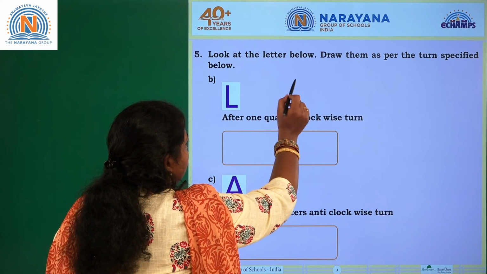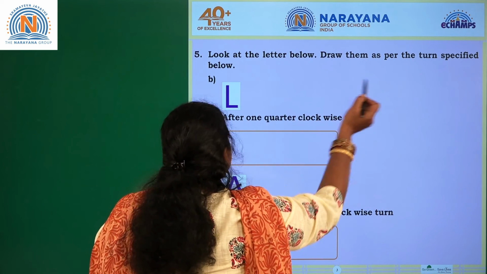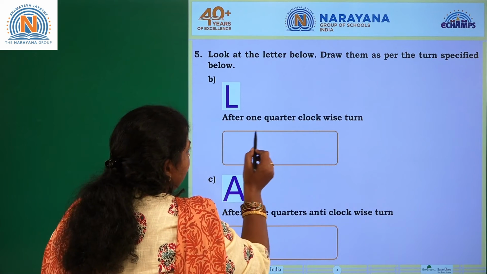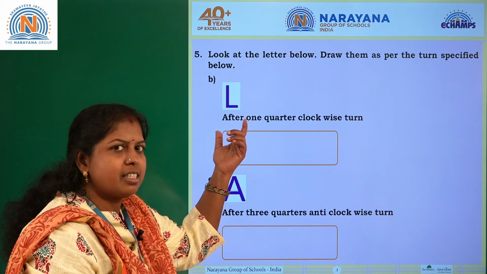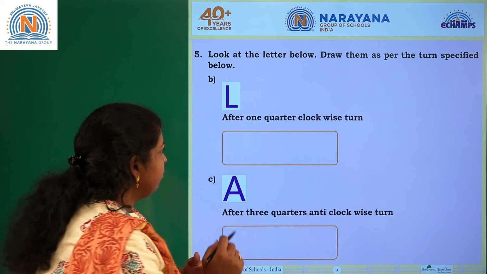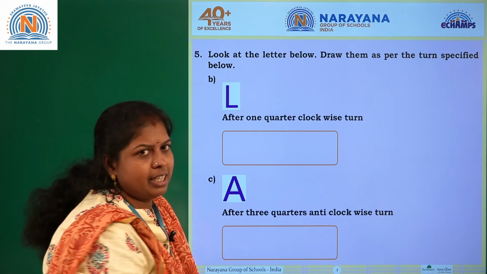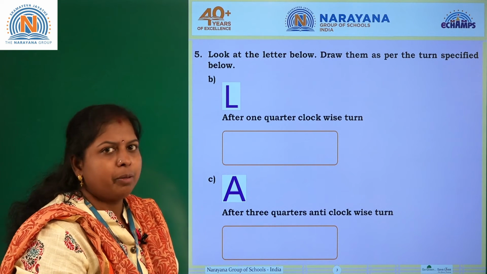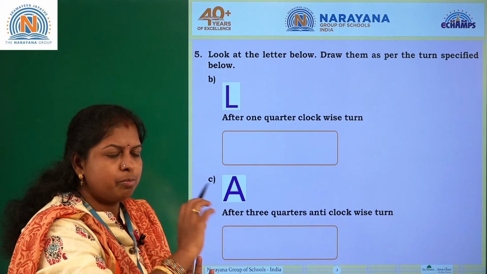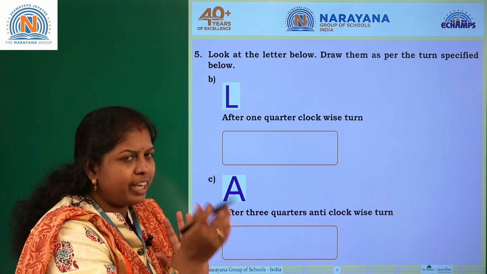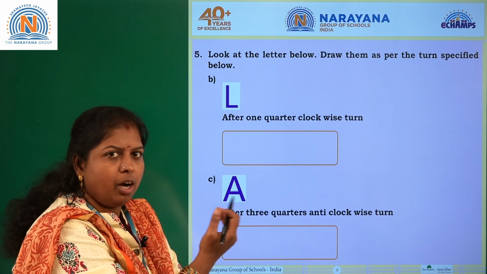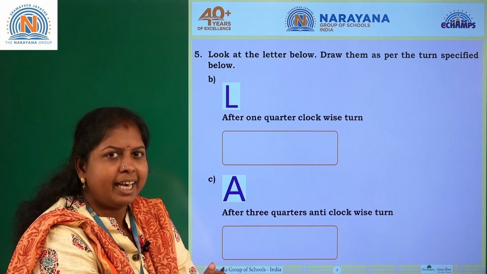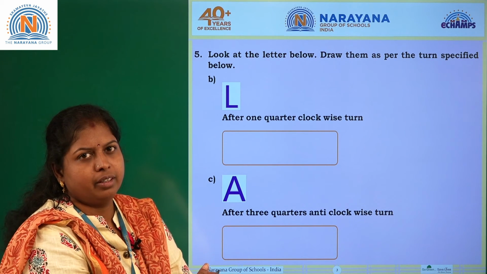Look at the letter below. Draw them as per the turn specified below. After 1 quarter clockwise turn. What is the given alphabet, children? It is L. After 1 quarter clockwise. Have you ever observed the clock? How is it moving, in which way? That is clockwise. And if you take that rotation in the opposite direction, it becomes anti-clockwise.